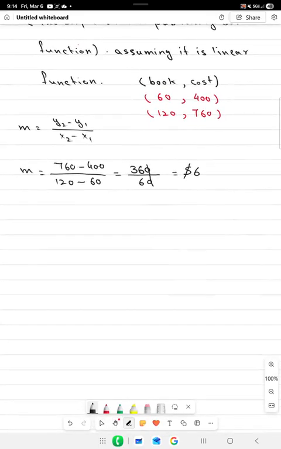Correct? What does it mean that $6 actually for us? It means each additional book costs $6 to publish.